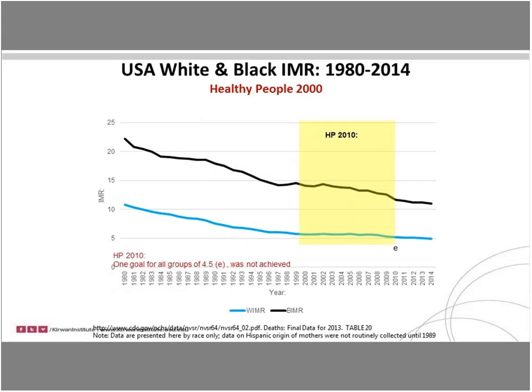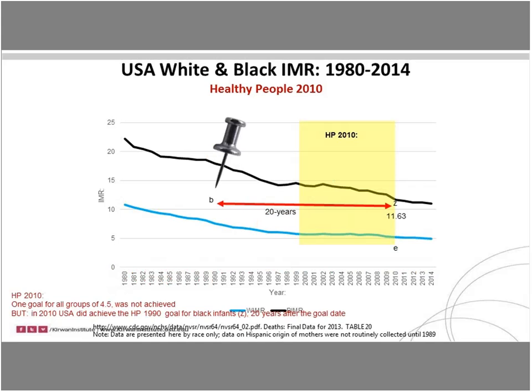Next slide. For Healthy People 2010, what changed was that we had one goal for everybody, and that goal was an infant mortality rate of 4.5 by the year 2010, depicted on this slide by point E. And we did not achieve that goal for white or black babies in the United States. Next slide.